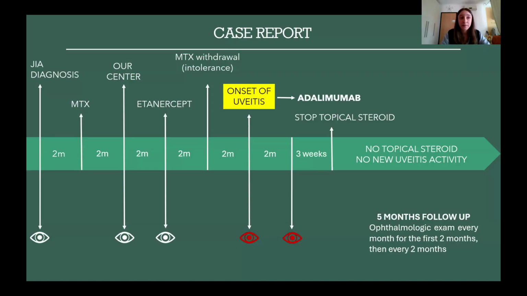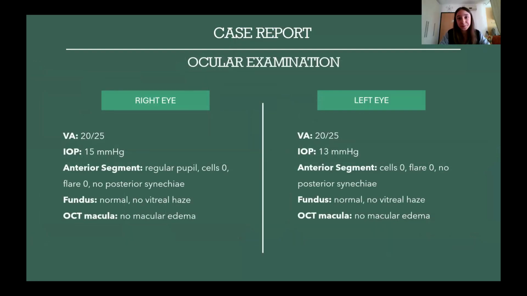We are now at 5 months of follow-up, during which she underwent follow-up evaluations every month for the first 2 months, and then every 2 months. This is the ocular examination after the 2 episodes of uveitis. Her best visual acuity is 20/25, and the anterior segment, fundoscopy examination and the macular OCT were normal.